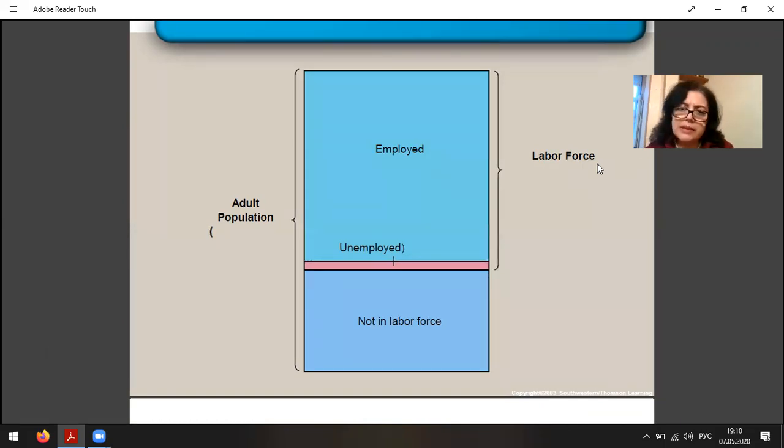It's clear that the labor force is a portion of the adult population. Non-labor force is slightly smaller, but at the same time a significant part of the total adult population of the country. In turn, labor force is divided into groups of people: employed people and unemployed people.